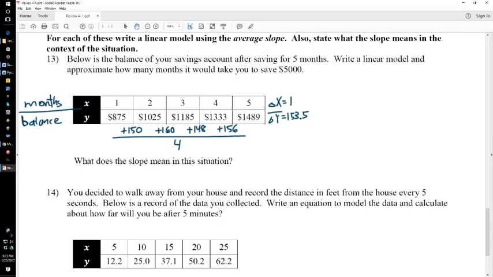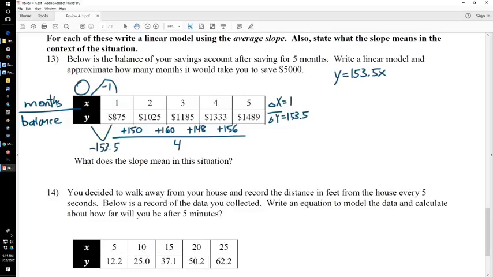So my linear model states y equals 153.5x. We just need to find the starting point, 0. They don't give it to us, so we need to back up 1 to get to 0. In this case, we need to back up the slope, which is 153.5, minus 153.5.